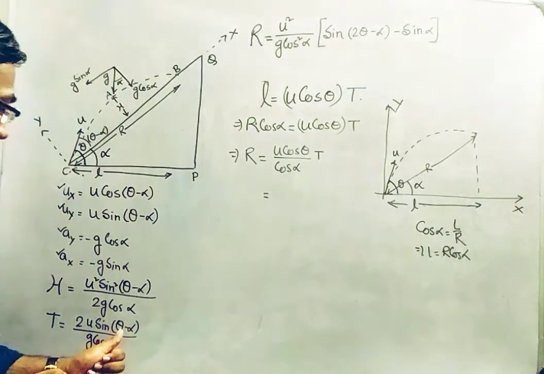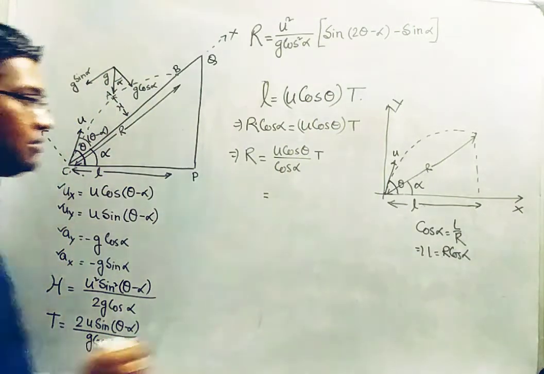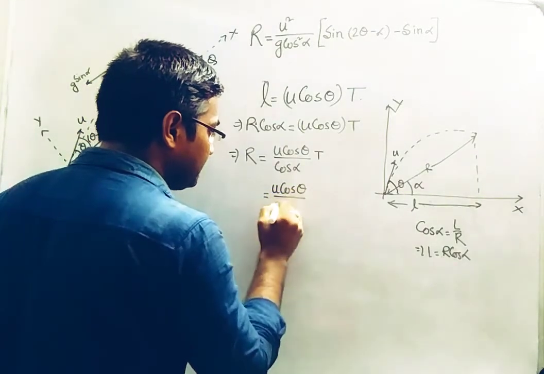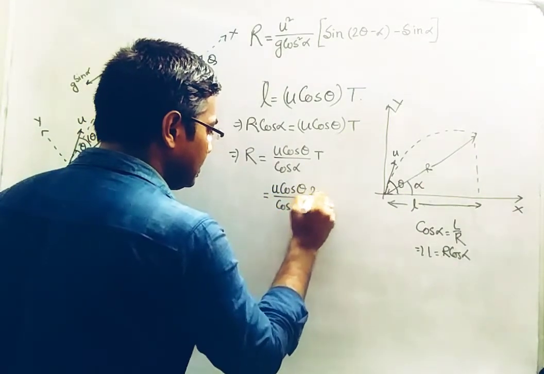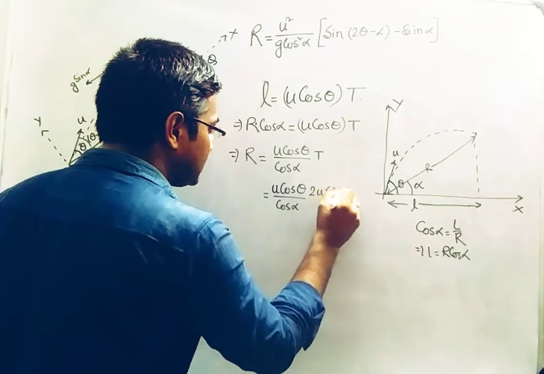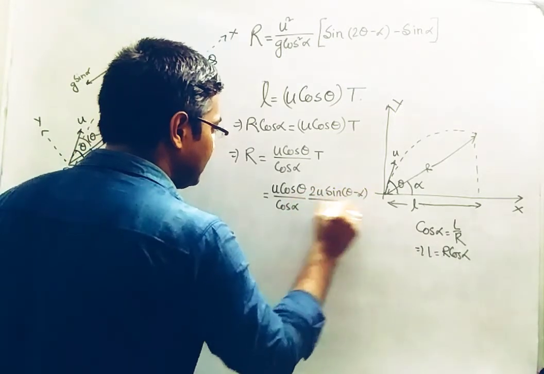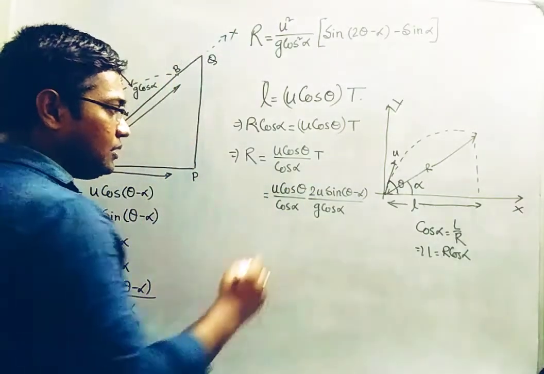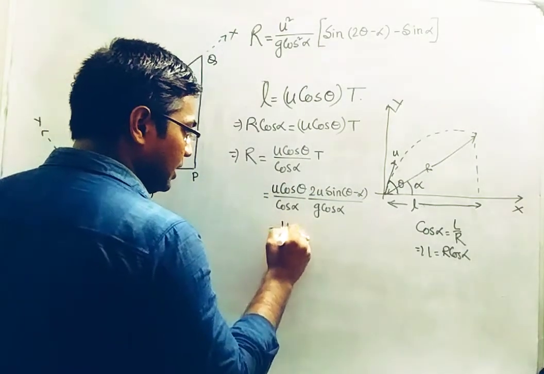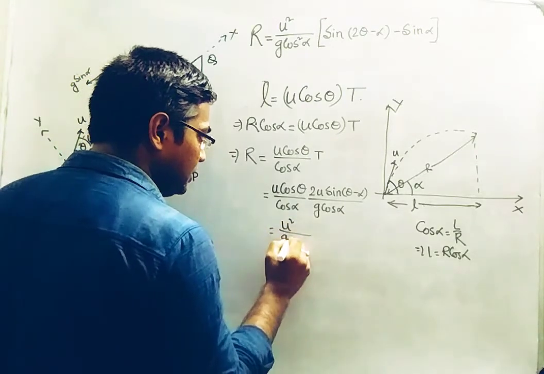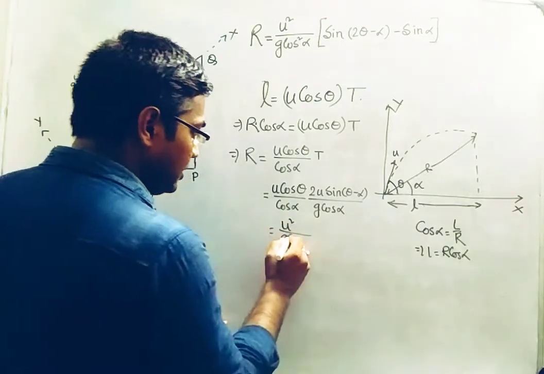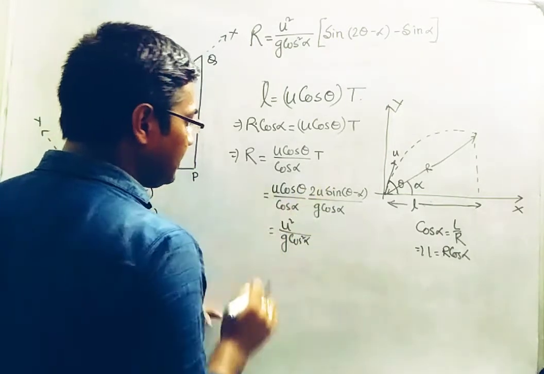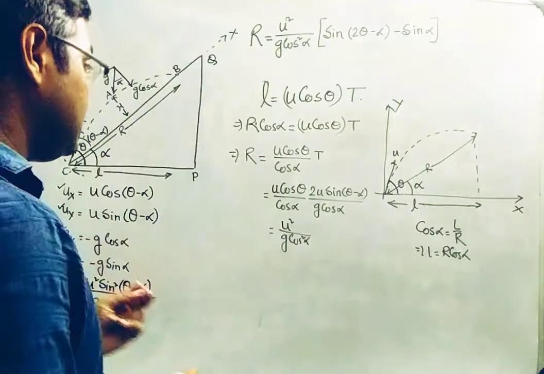It is 2u sin theta minus alpha divided by g cos alpha. So it is u cos theta divided by cos alpha times 2u sin theta minus alpha divided by g cos alpha. So from here we can write u square by g cos square alpha, into 2 sin theta minus alpha into cos theta.